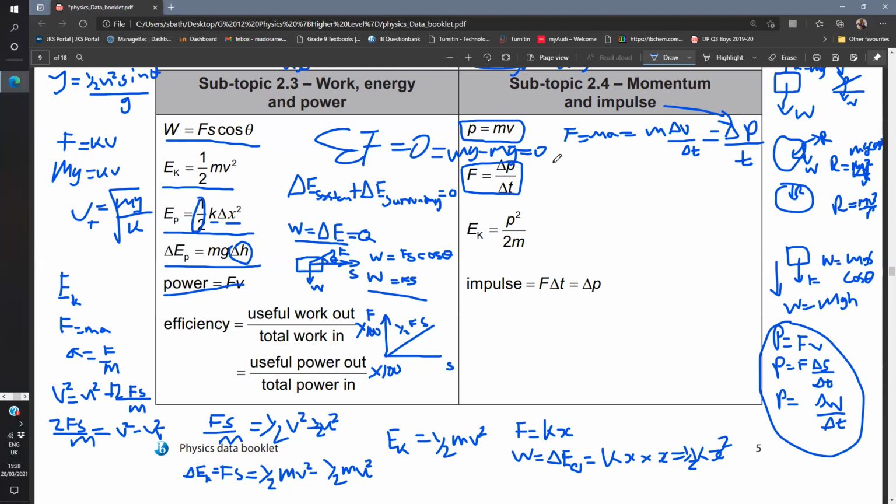There's also another formula for kinetic energy. We can derive that as well. So Ek is half mv squared. v is equal to p over m. So here's where we substitute that.